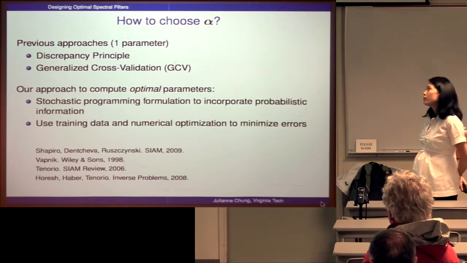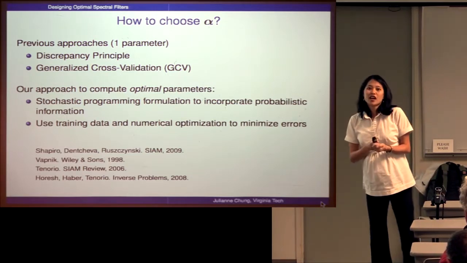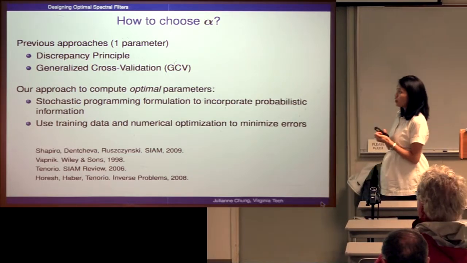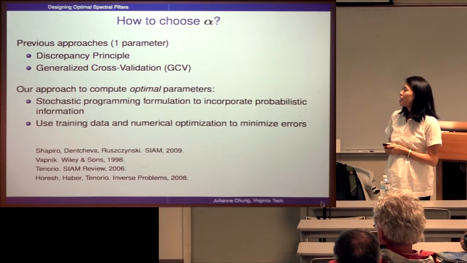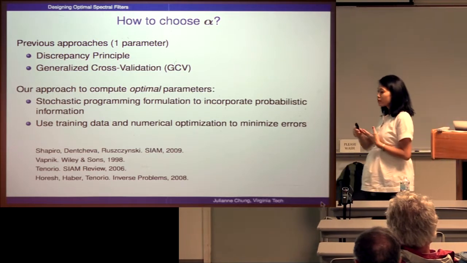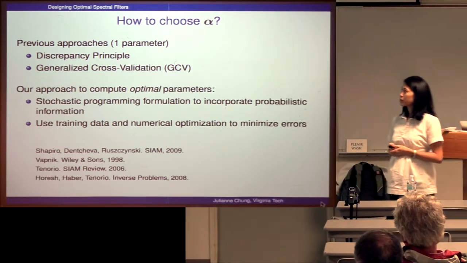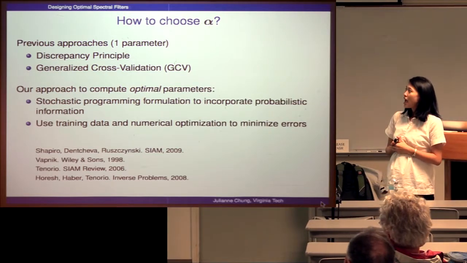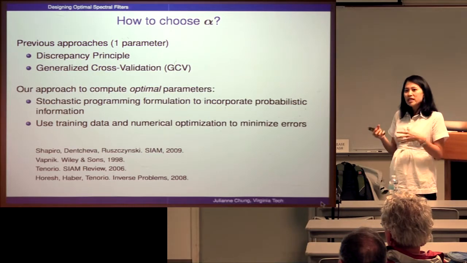Okay, so the big question is, how do you choose alpha? There's been a lot of research on how to efficiently and accurately get a good regularization parameter alpha. If you only have one parameter, like in the TSVD or Tikhonov case, there are many approaches out there. I just mentioned two of them here: discrepancy principle and generalized cross-validation, as ways to select a regularization parameter. But what is it that we want to do?